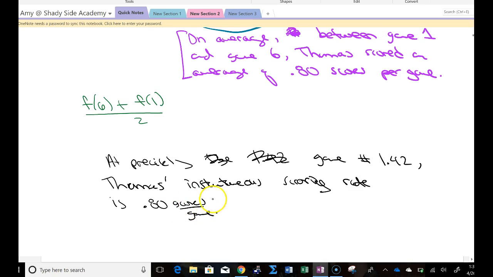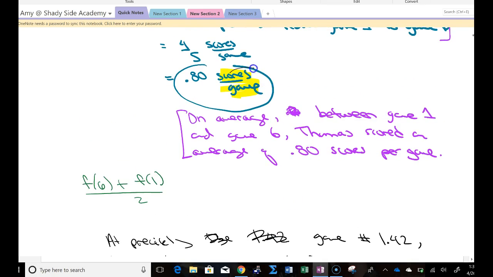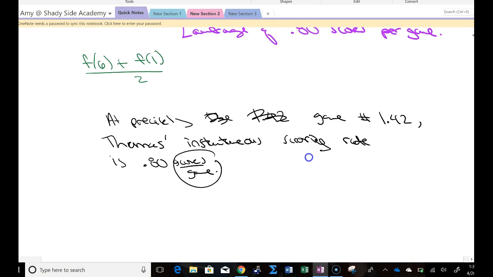So there is, and again, this unit and this unit, they're the same unit. It's goals per game. But here we're talking about an instantaneous rate of change, like at that particular moment when time equals 1.42, or when the game number equals 1.42, okay?